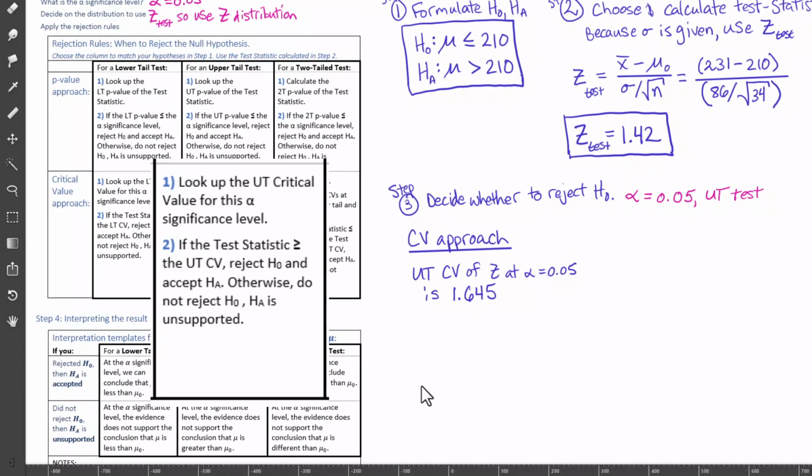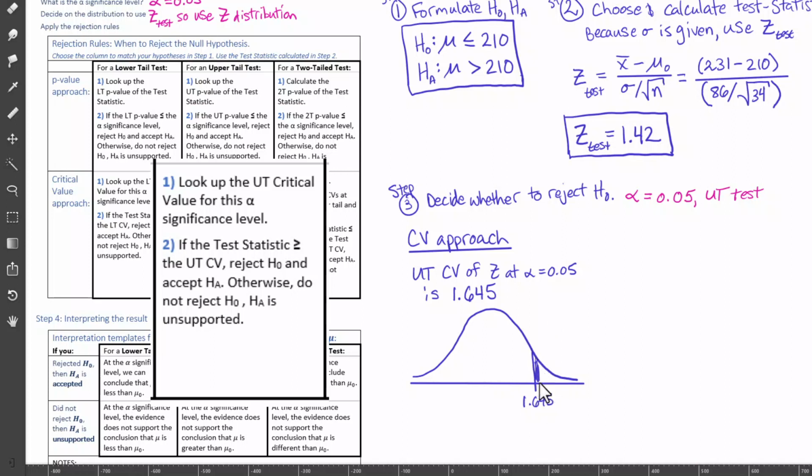So our test statistic is 1.42. Our upper tail critical value is 1.645. But I am going to do the diagram, the rejection diagram that implements this rejection rule. The rejection diagram starts with the distribution. The upper tail rejection region is here because this is an upper tail test.